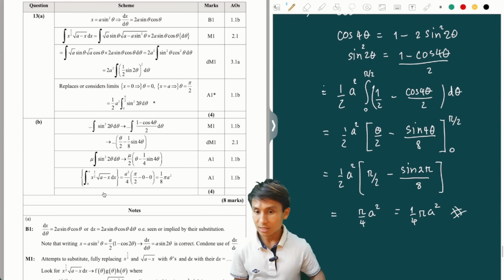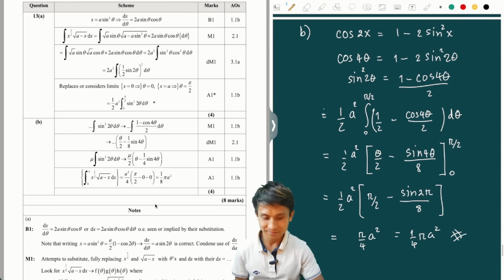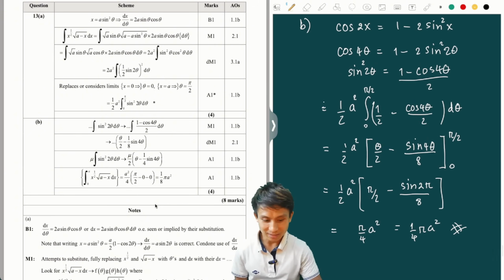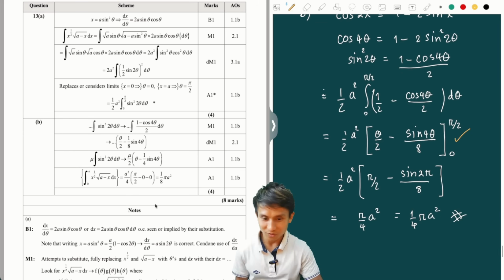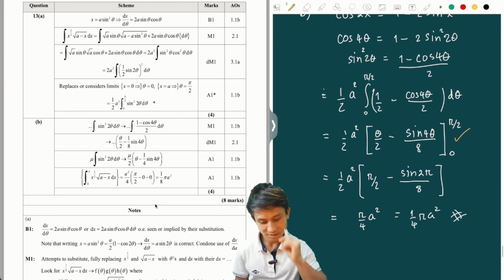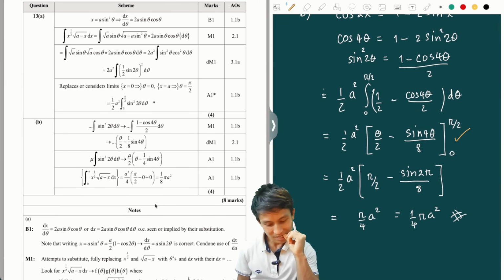Part B, let's see. What? 1/8? Mistake again, isn't it? Let's see. I got this fine, so I got up to that, right? And then what went wrong? Huh? Pi/2. What?